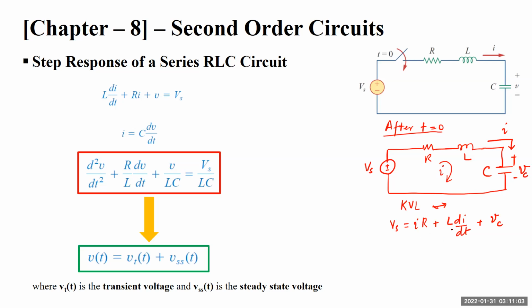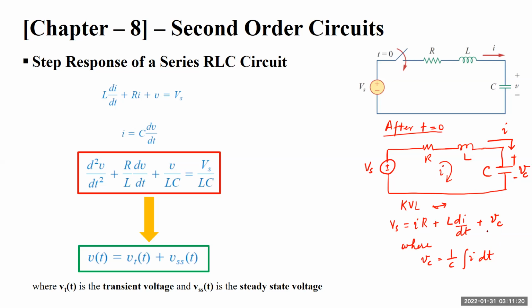This is how we write the differential equation, where we know that Vc is 1/C times the integral of i dt. So this is how we write down this differential equation.